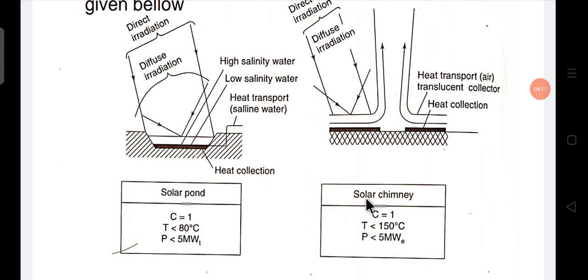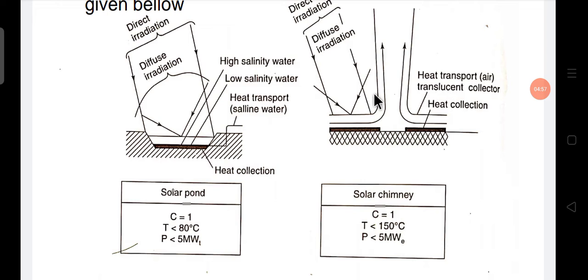Similarly, this is the solar chimney. You have seen previously what a solar chimney is. This is the cylindrical chimney, and there is a heat collection device. The upper layer is translucent, that means transparent, and below that there is the heat collector.